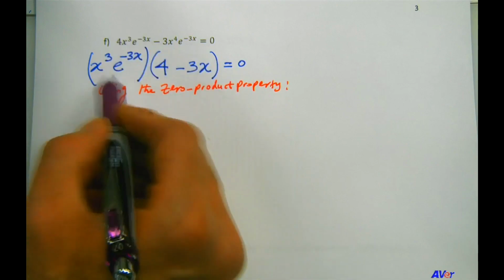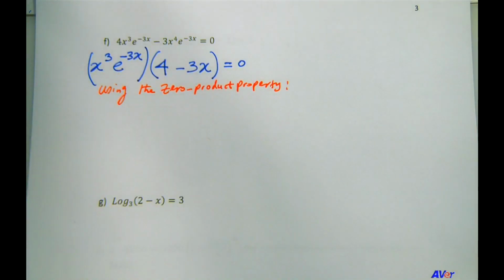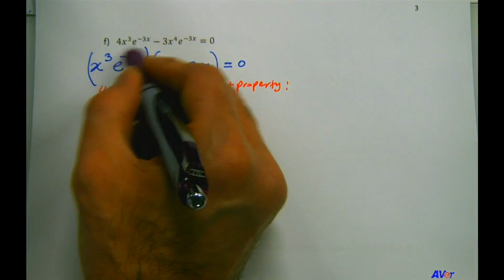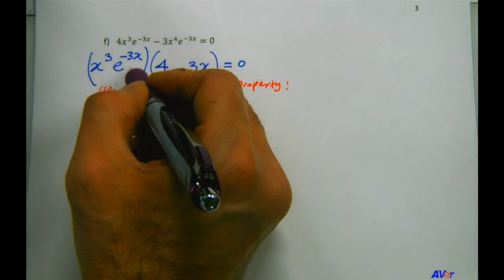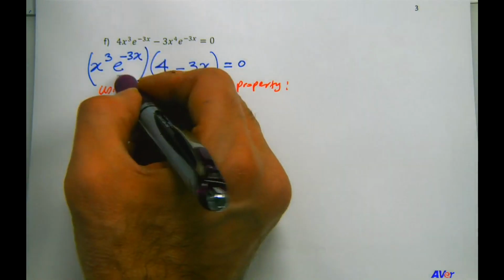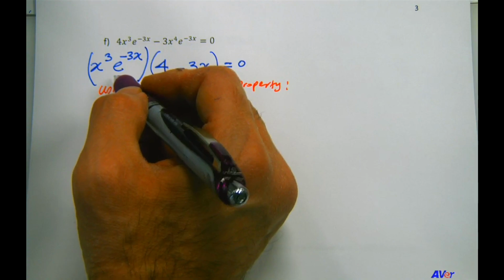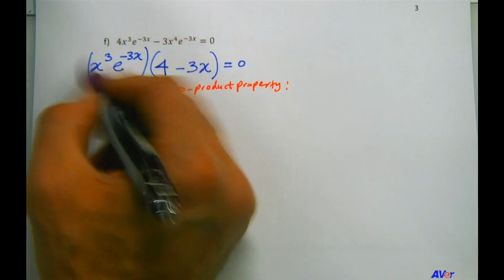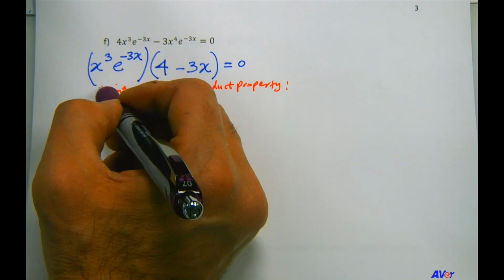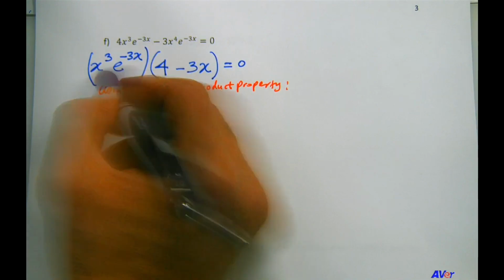Well, when is this first parenthesis 0? First of all, this second term is never 0. This second term is going to get awfully close to 0, but it will never be exactly 0. So the only way this first parenthesis can be 0 is if x is 0.